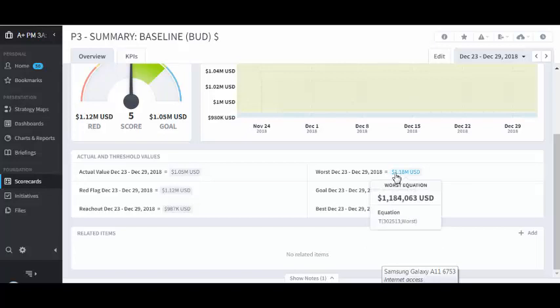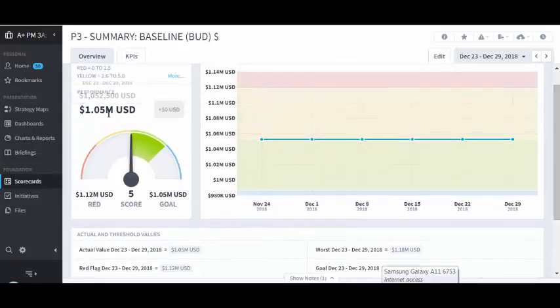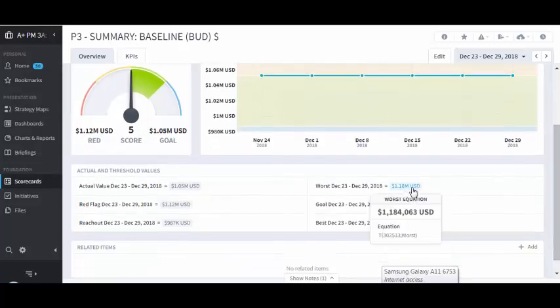You want to be able to see worst case scenario. Worst case scenario is this project, which has been baselined at 1,052,500. The worst case scenario, based upon the threshold established, it will come in at 1,184,063.